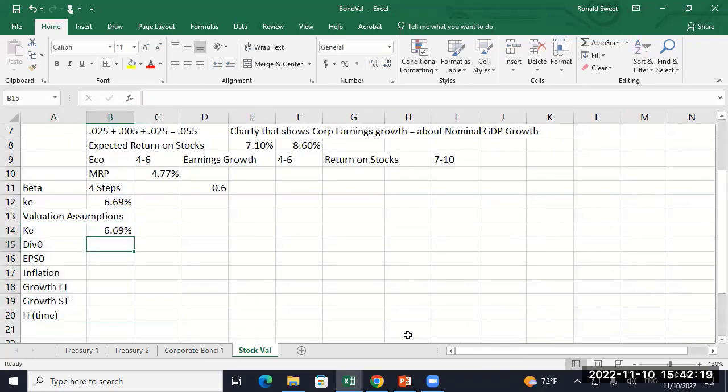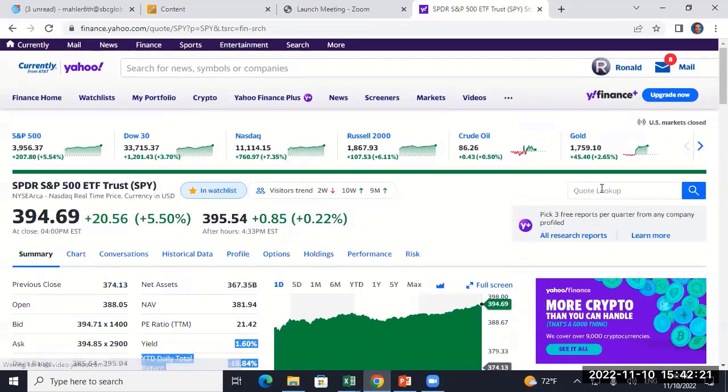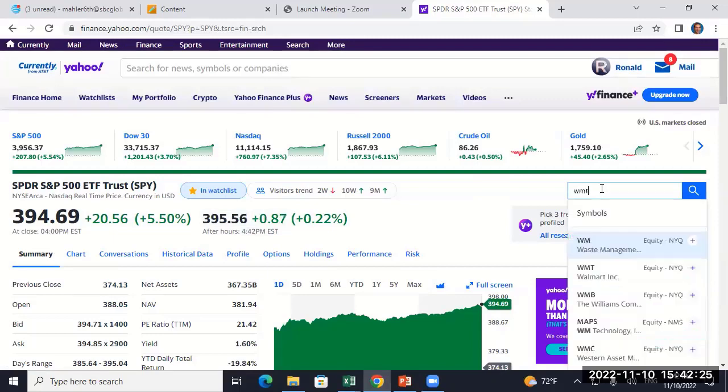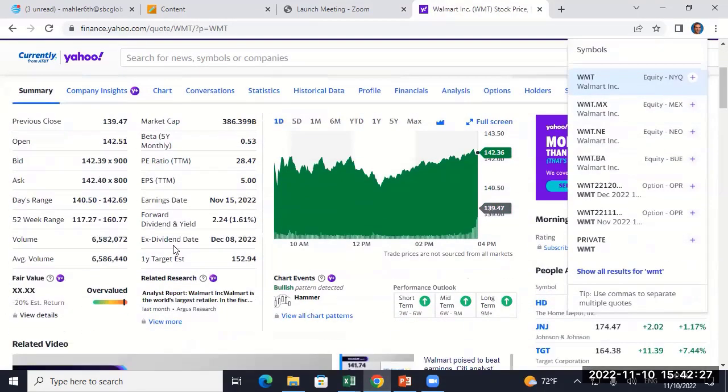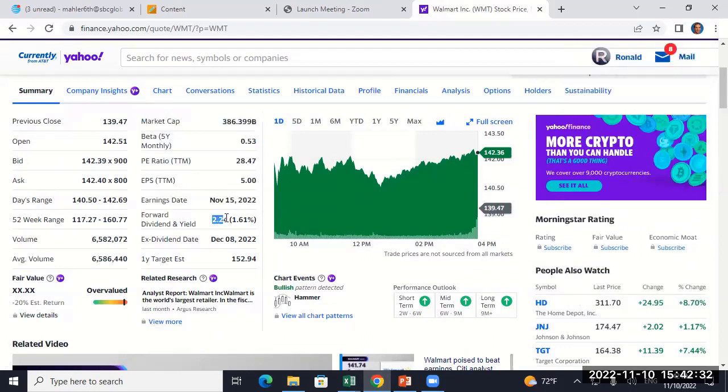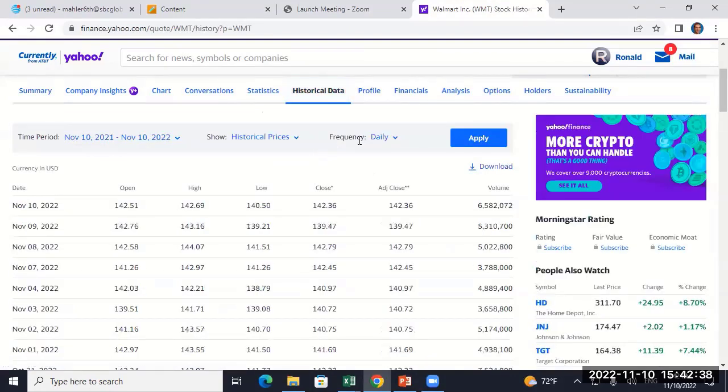The dividend 0, that's easy to get. Where would you get the dividend 0? Well, I'll just type in their company. I've got to type it correctly. And here we don't want the dividend yield. We want the actual dividend. But unfortunately, that's the forward one. So y'all remember what you have to do. You have to hit historical, change this to dividends.